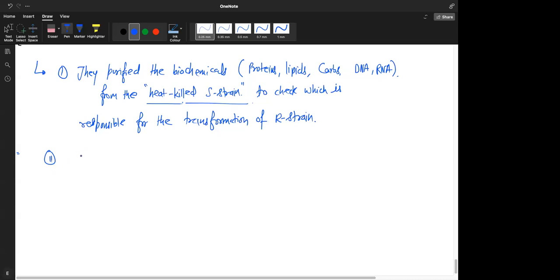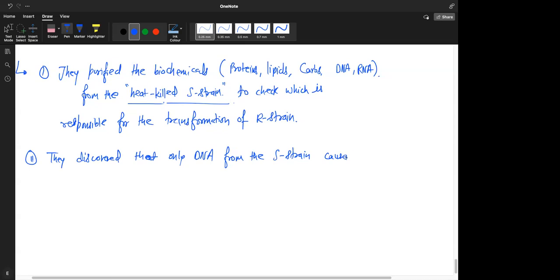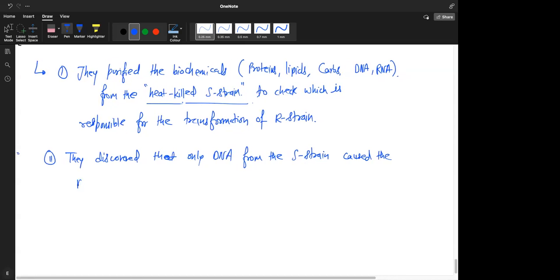And they discovered, write down, that only DNA, deoxyribonucleic acid, this chemical, only DNA from the S strain caused the R strain to become virulent.